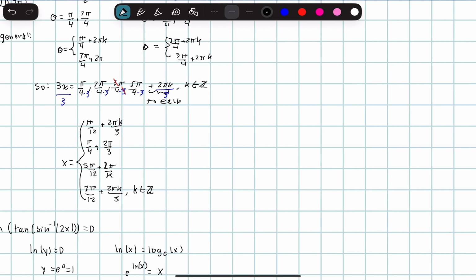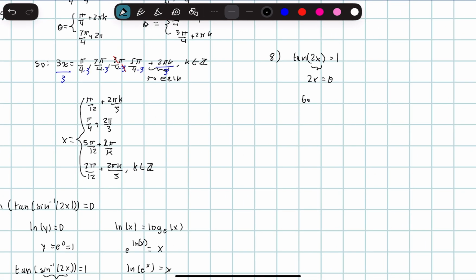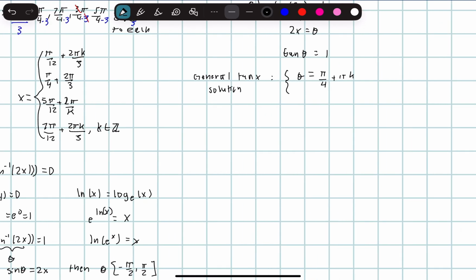Now we just have one more problem. Oh my goodness. Tan 2x is equal to 1. So we let 2x equal theta, and tangent of theta is equal to 1. Theta is going to equal pi over 4 plus pi k. That's the general tan x solution, you should kind of just know this already.